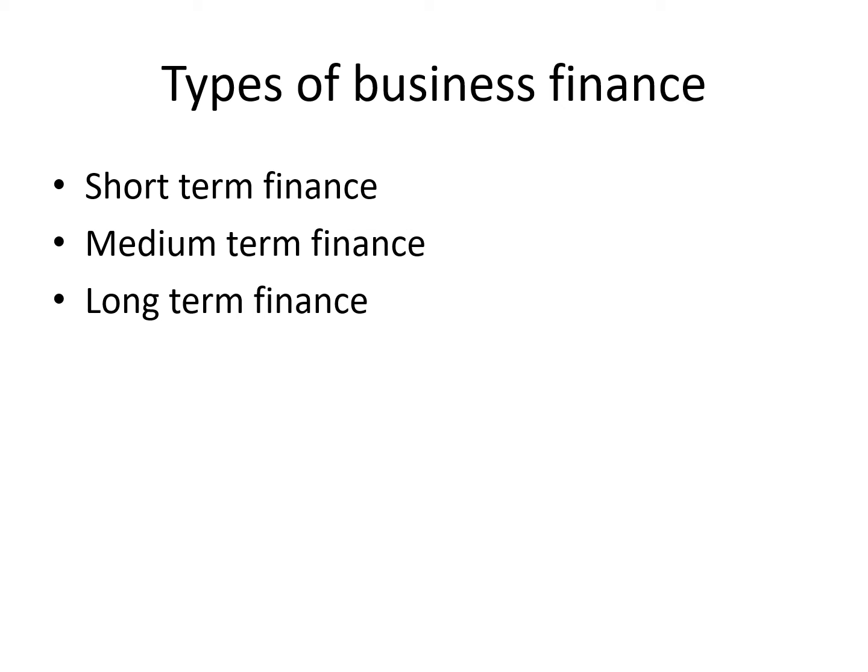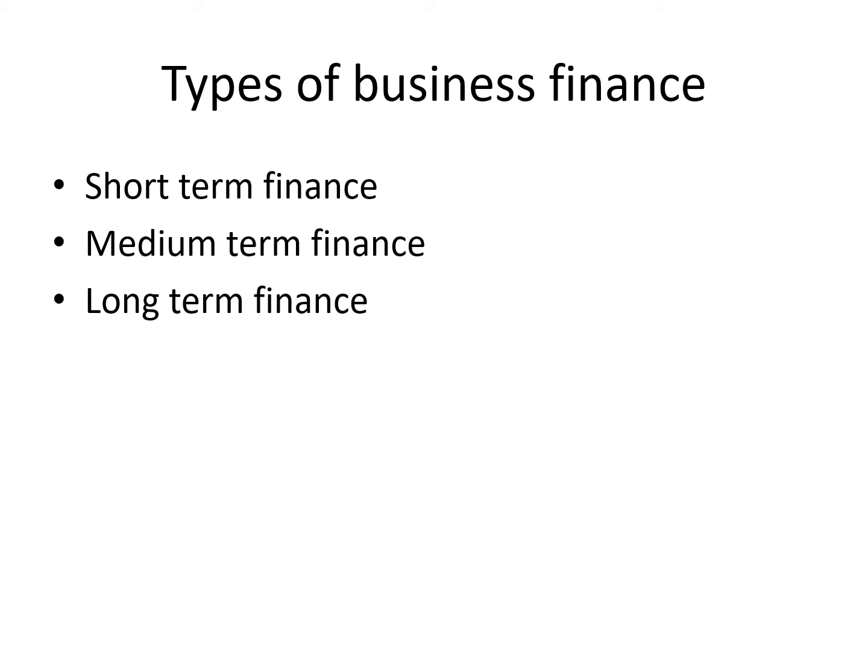One is short-term finance, and mostly this finance is available in the money market, and these are debt instruments that provide a loan for a shorter time period, a maximum of 1 year.